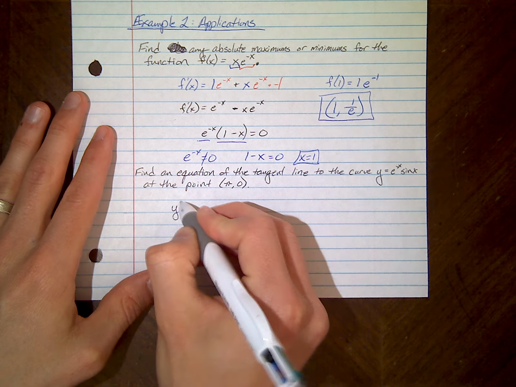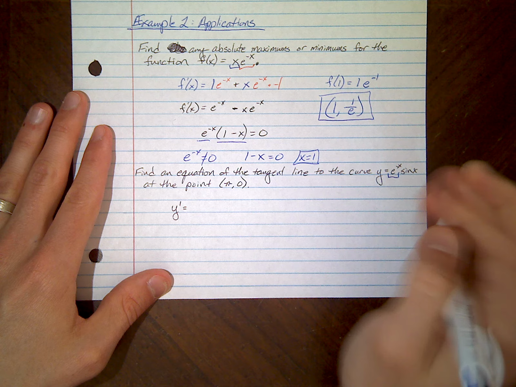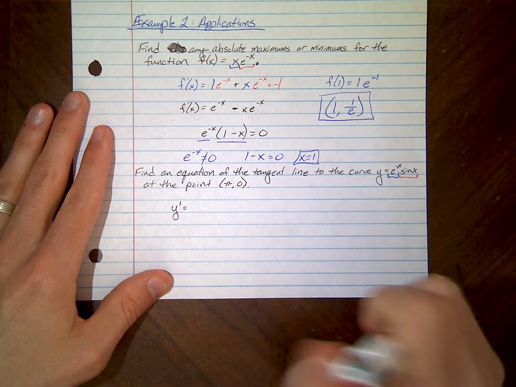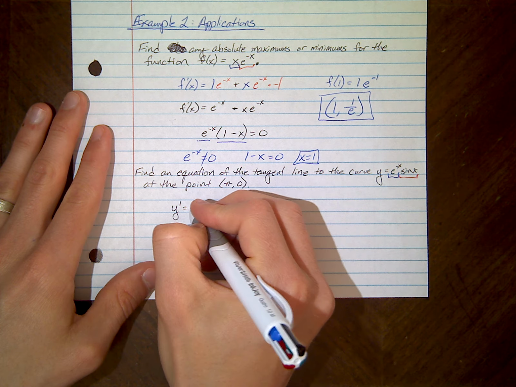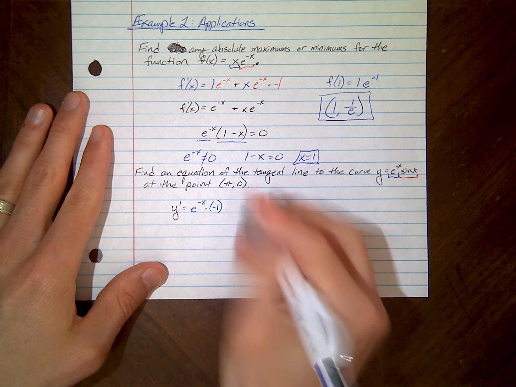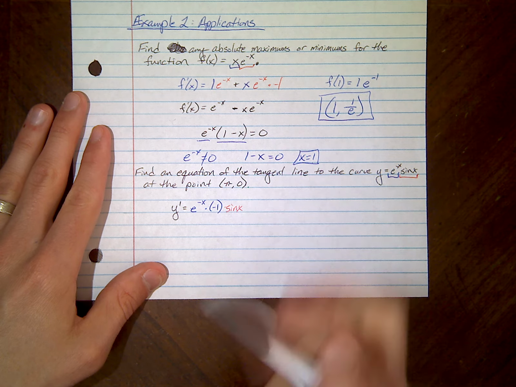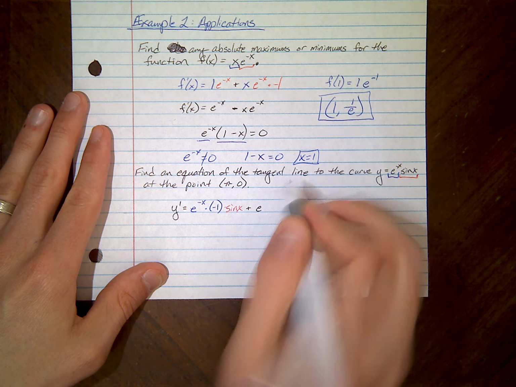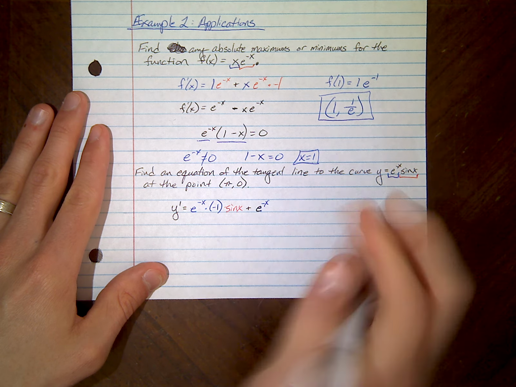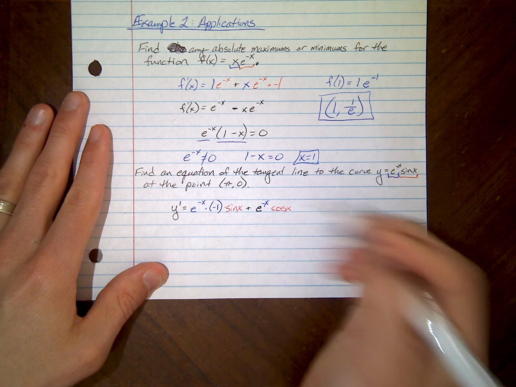So again, y prime is going to equal, and wouldn't you know it, you have to use the product rule again. E to the negative x is your f function, sine of x is your g function. So derivative of e to the negative x function, e to the negative x times negative 1 times the sine function, because you leave it alone, okay, plus e to the negative x power, derivative of sine, well, that's cosine, everybody knows that.